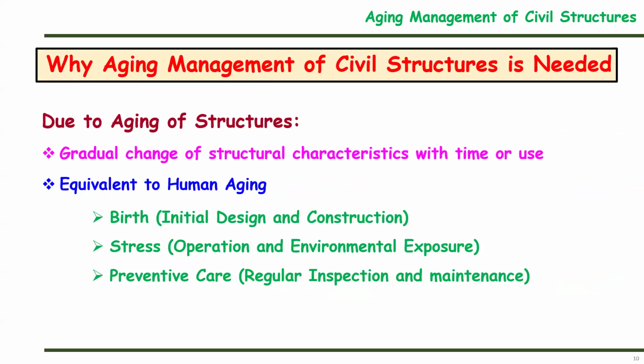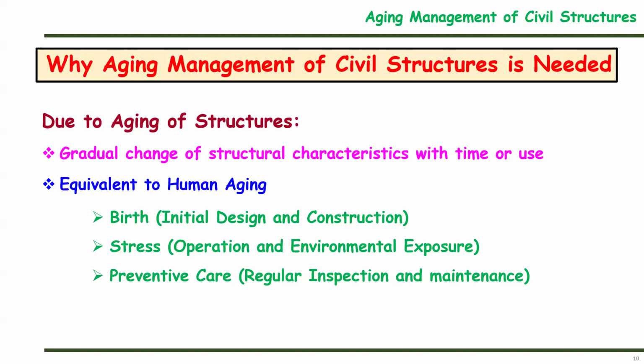Now, what happens due to the aging of structures? Because of aging, there will be a gradual change of structural characteristics with time or with use. I try to draw an analogy between structural aging and human aging. Birth of a human can be related to the initial design and construction of the structure.